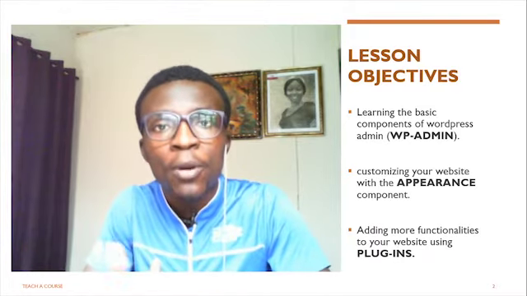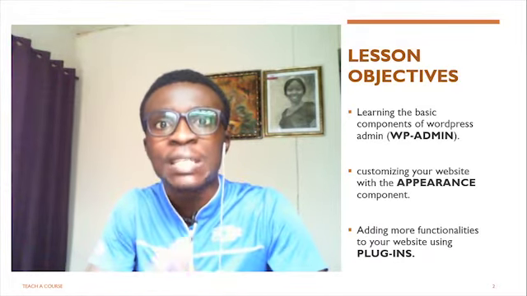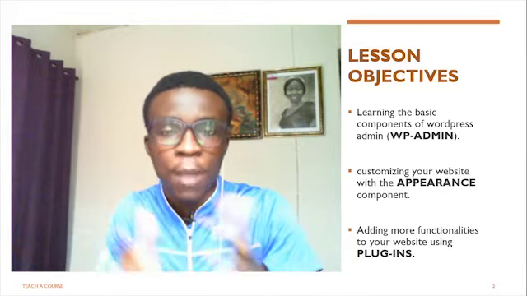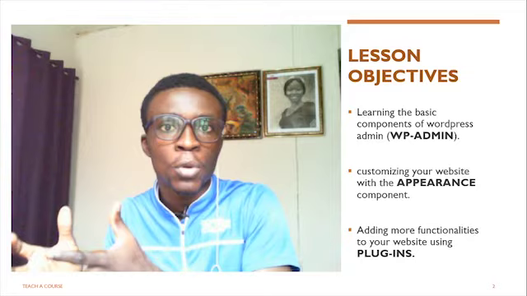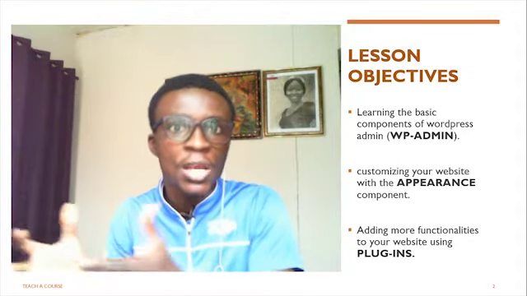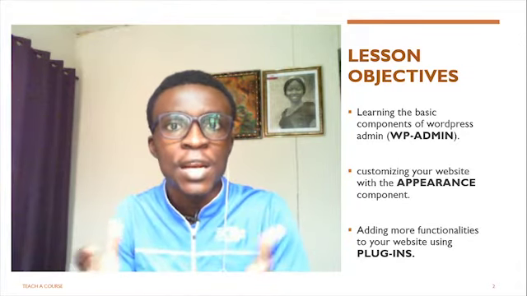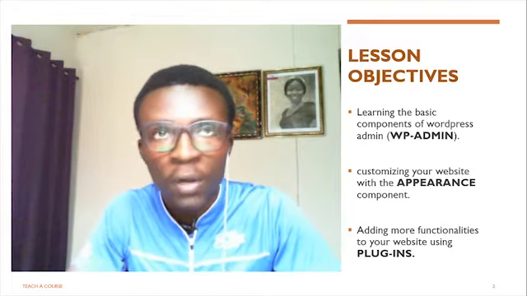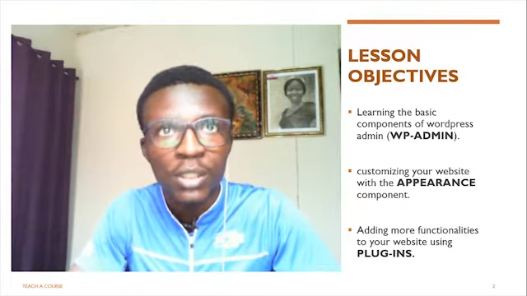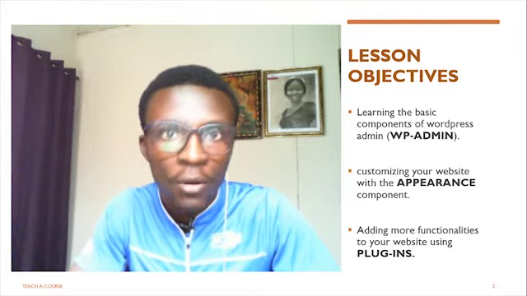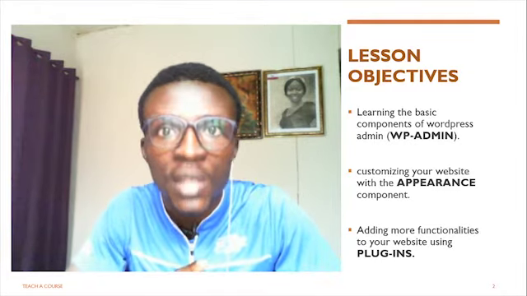And then to wrap it up, we're going to see how we can add more functionalities to our website using plugins. We'll see the powerful plugins and how to use them to achieve what we want. There are a whole lot of things you can achieve with WordPress. All you need is the technical know-how, which I'm going to show you in a second.